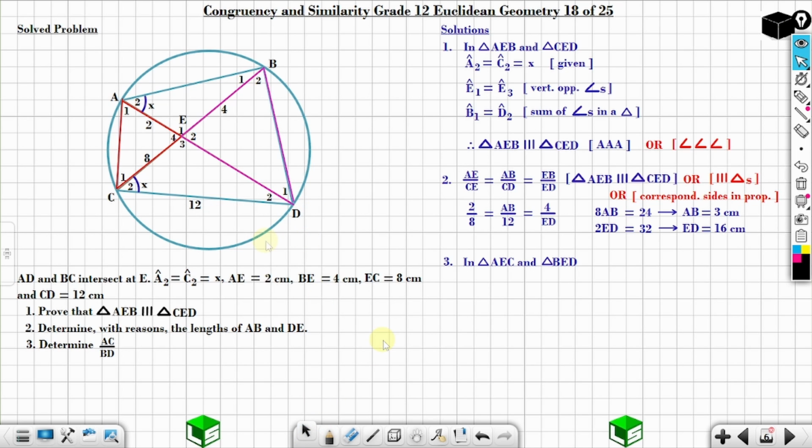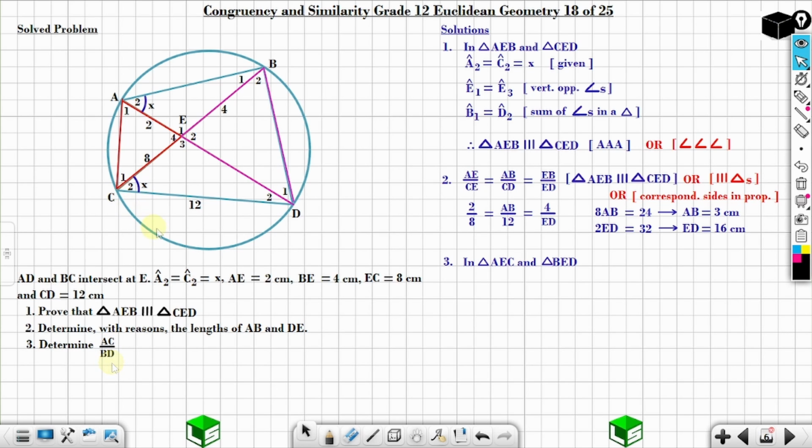We can use similarity. We have to prove that the 3 angles in one triangle are equal to the 3 angles in another triangle.